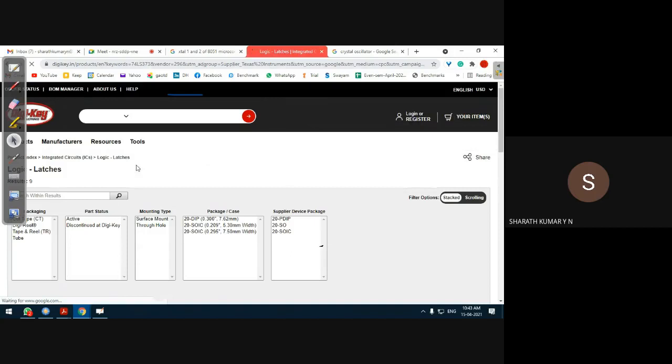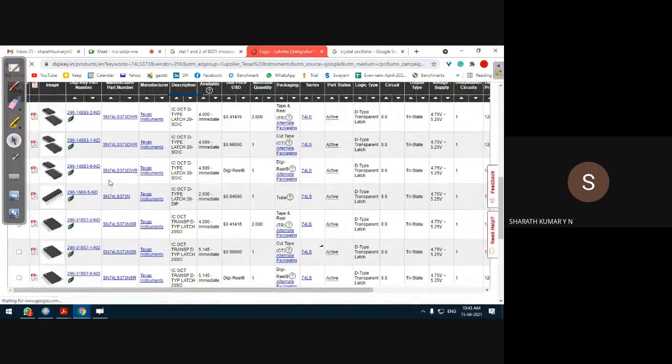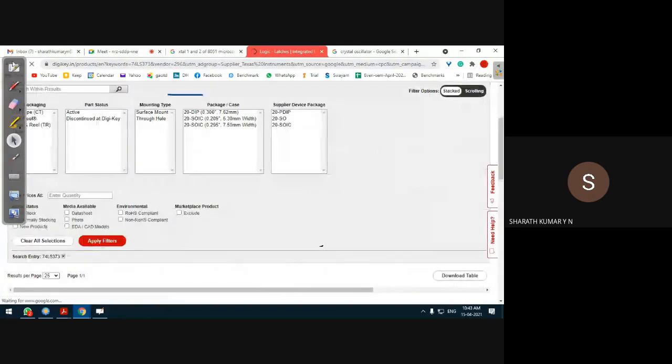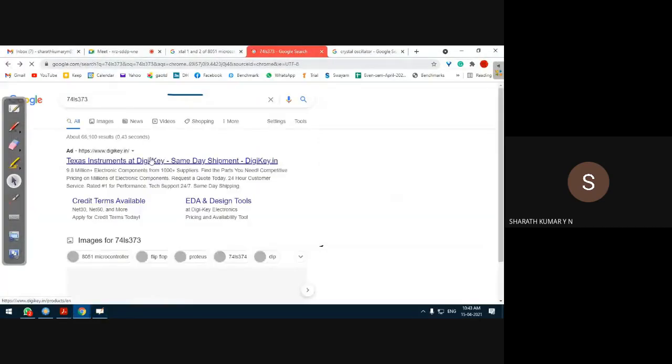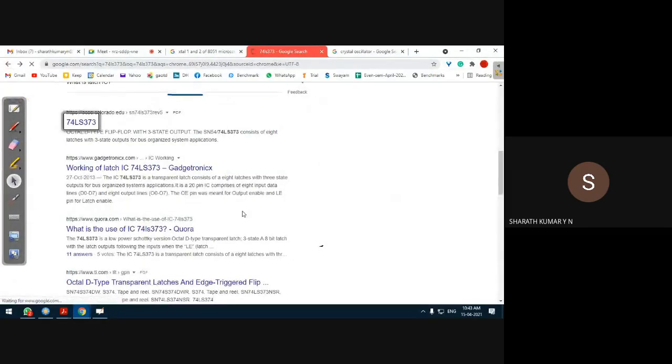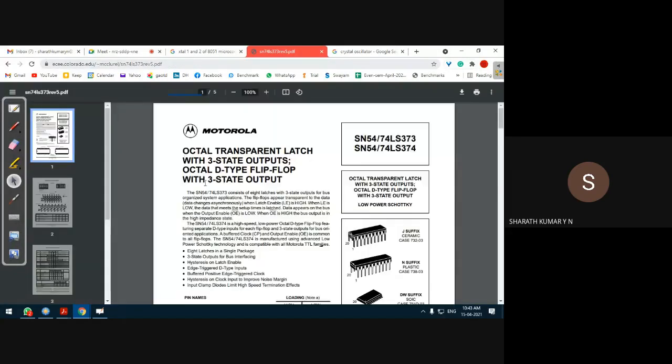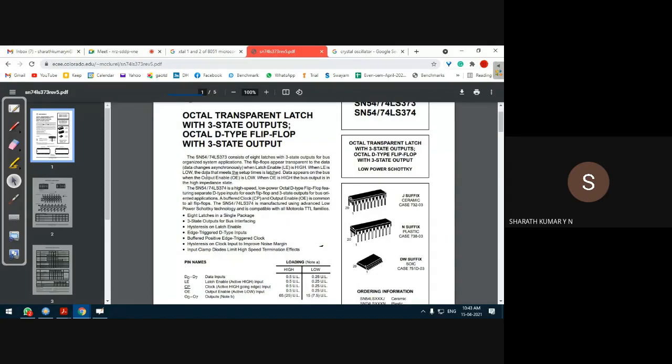It is a latch IC, but I want to check the pin description so that we understand. It's a latching IC. In all the address pins, we use the address demultiplexing operation. We use the D latches.